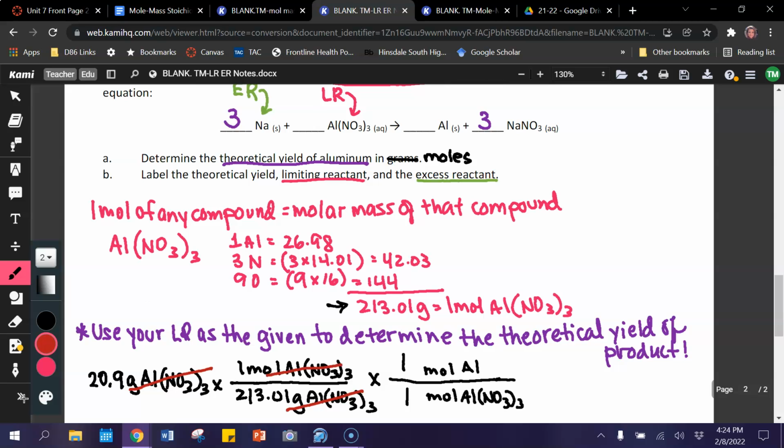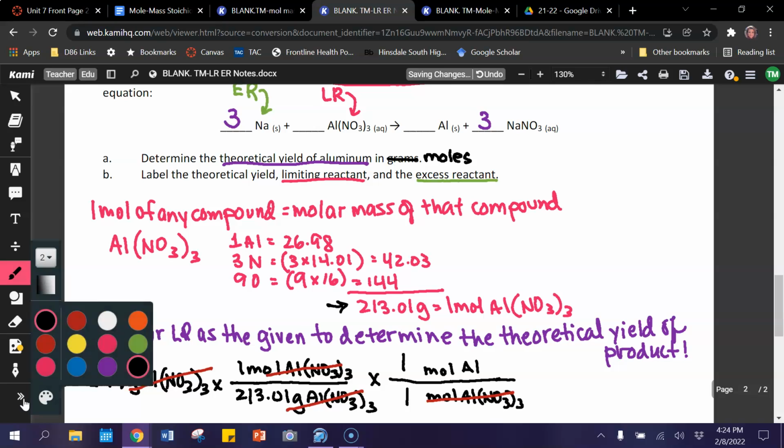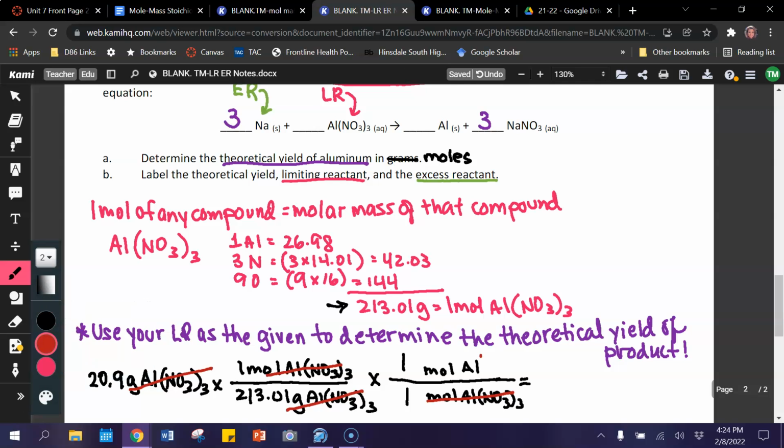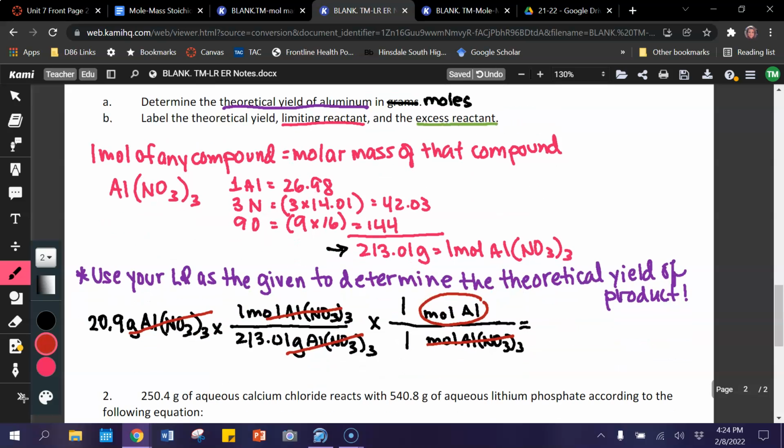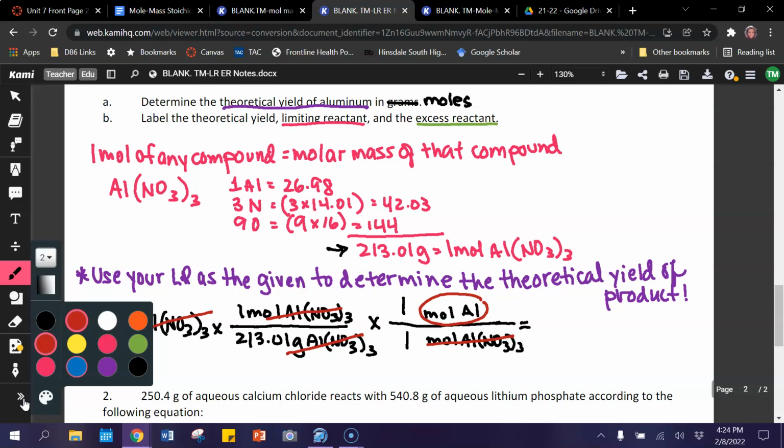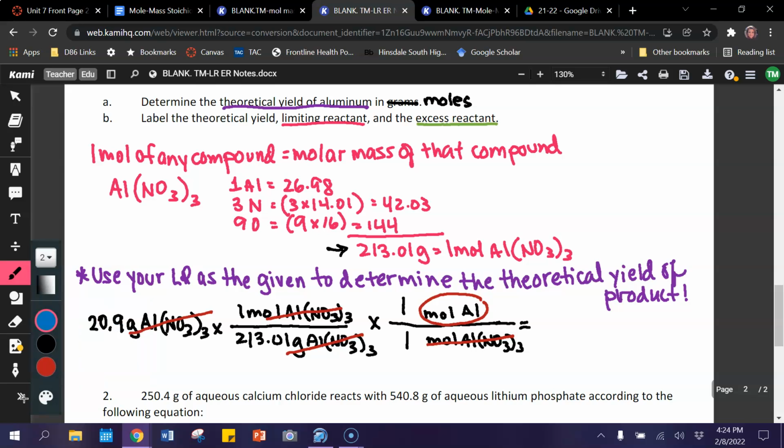But first, the fun part, I get to cancel moles of aluminum nitrate, and what I am left with is what I'm looking for in the problem, moles of aluminum. So to figure this out, I am going to circle the numbers that I'm going to multiply across the top.